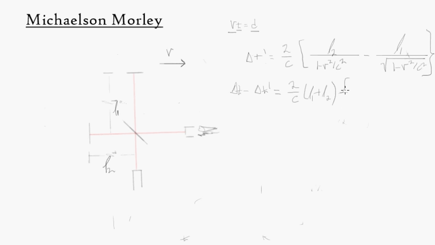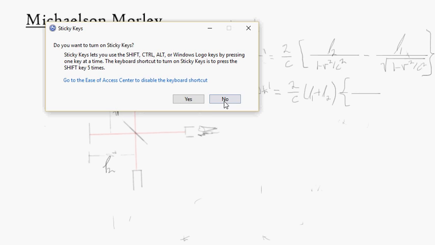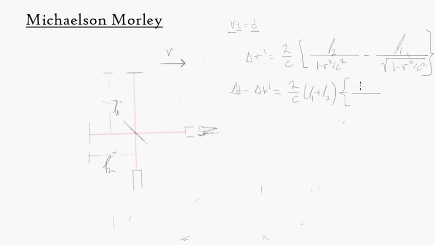It's very cool mathematics here. You're going to have 1 over 1 minus v squared over c squared, and 1 divided by 1 minus v squared over c squared, and this is the square root in this term.